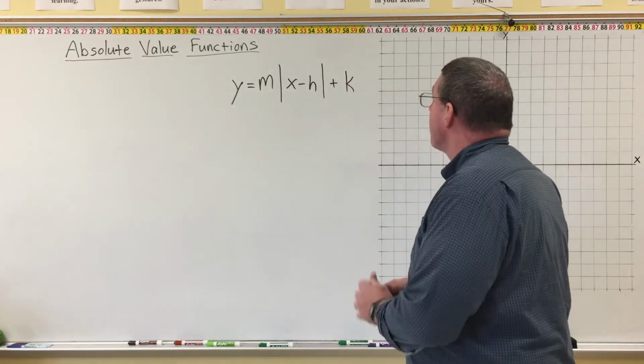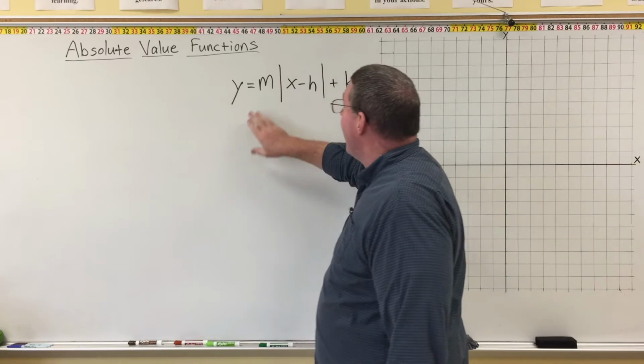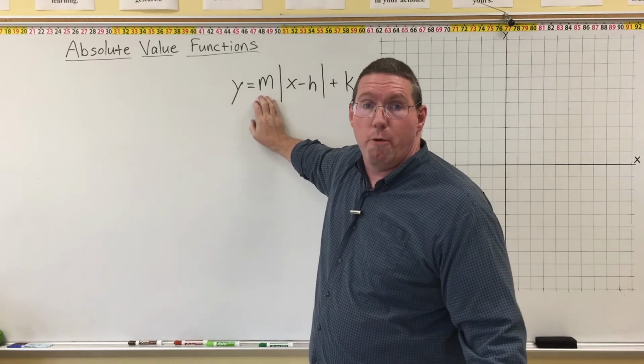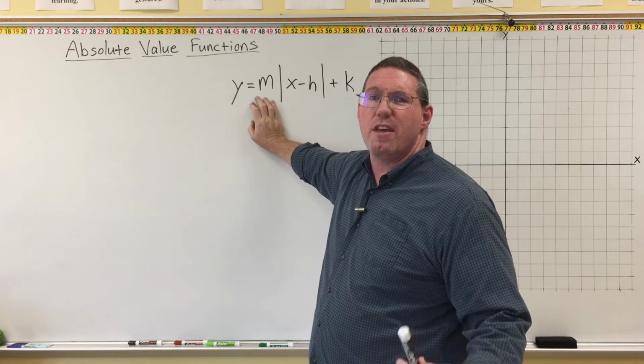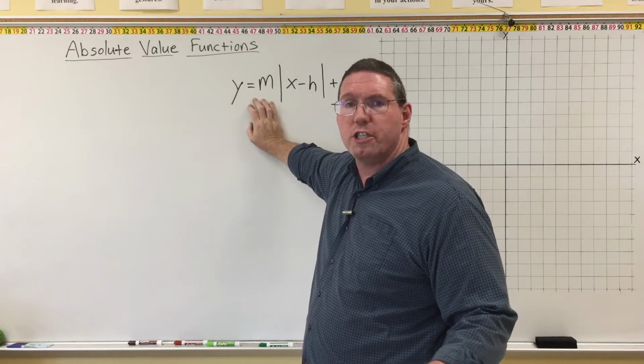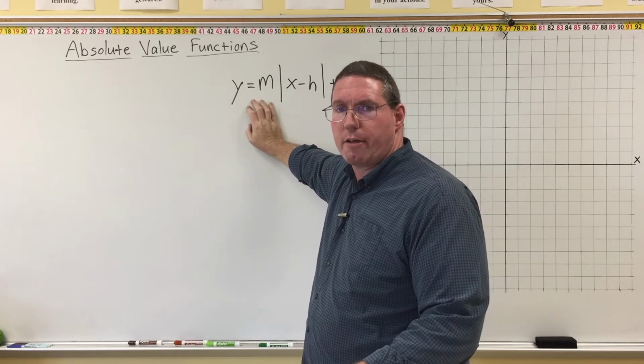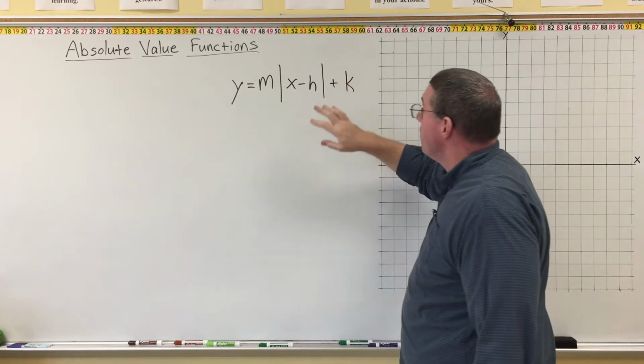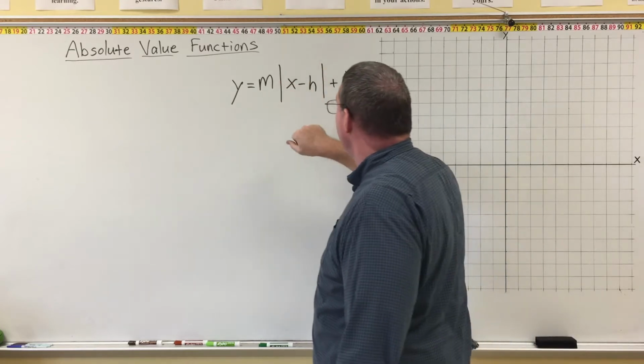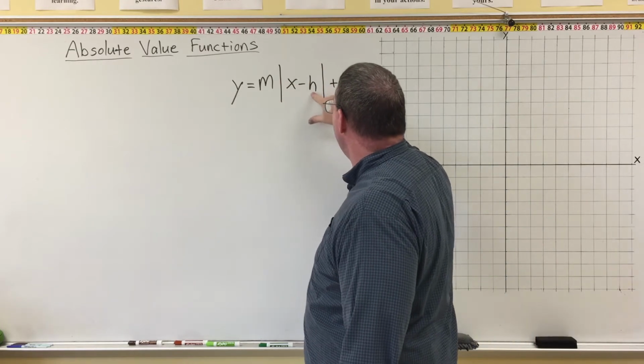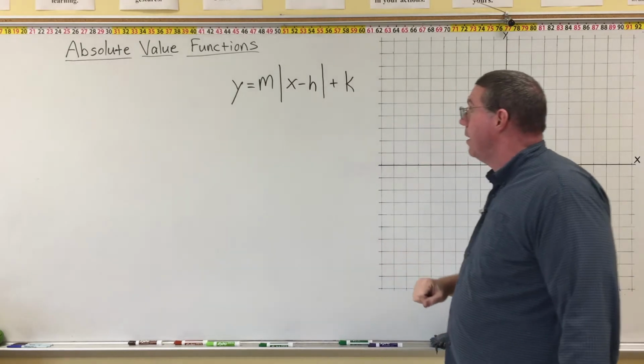So this is the basic form, and m is a slope. We can't really say that it is the slope because the slope changes harshly at the vertex. But I can say that the vertex of the absolute value function is related to this h and k.